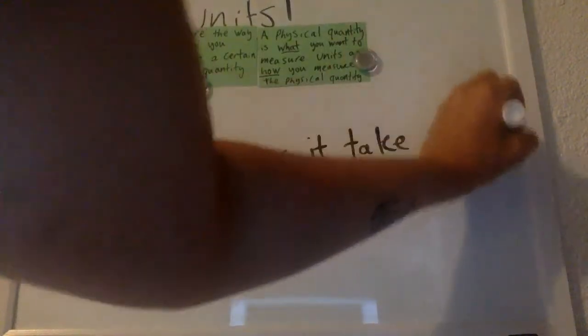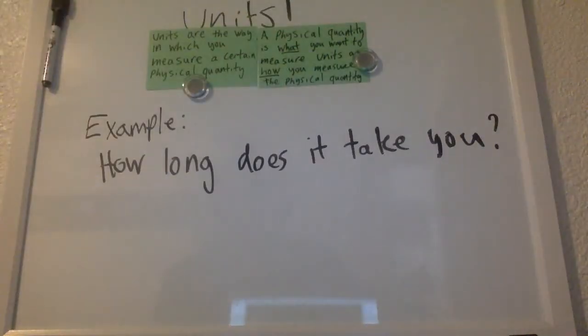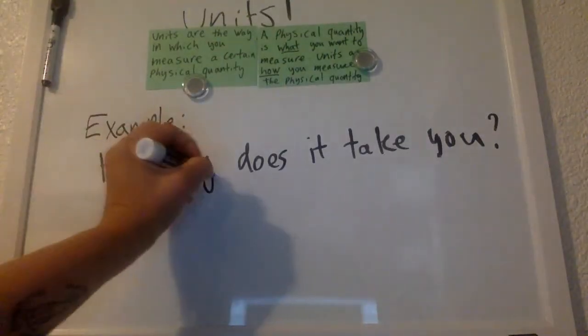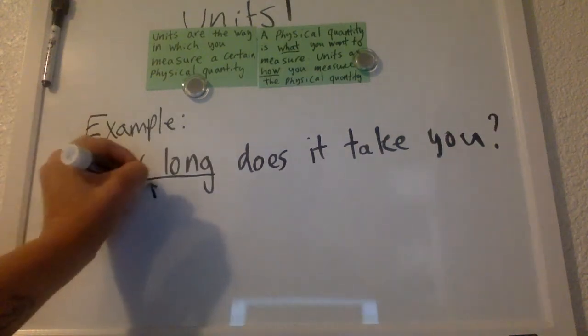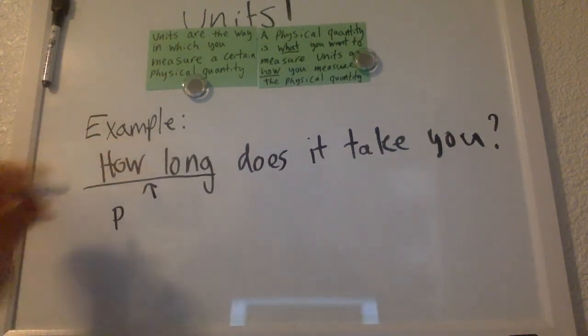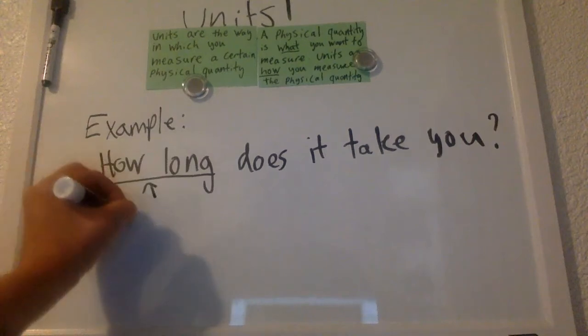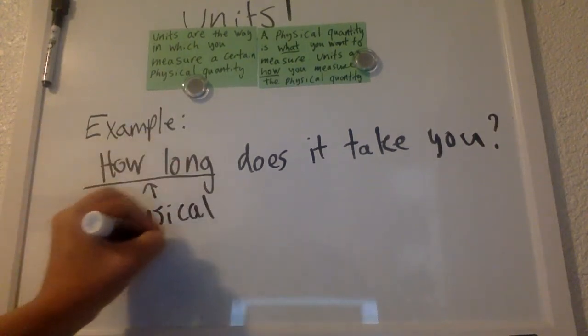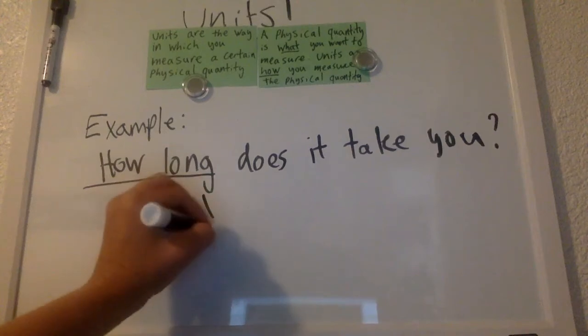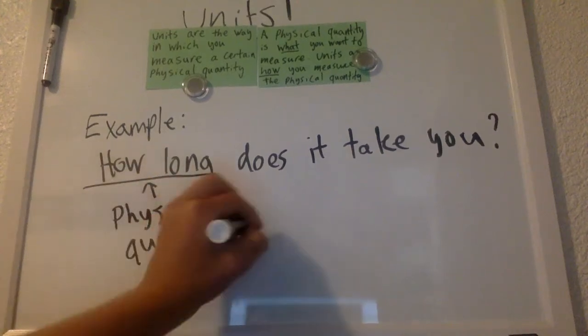And I'm not going to add the to get to school because I ran out of room, but how long, that's the physical quantity. And that is it's asking for time. How long does it take you to get to school? Physical quantity. And that's time, right?